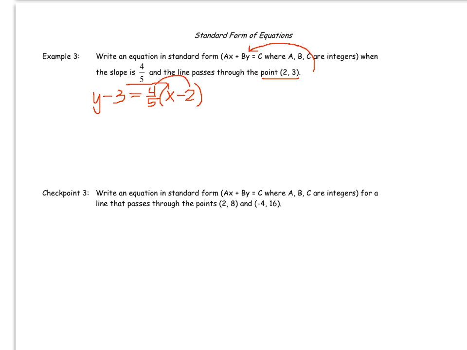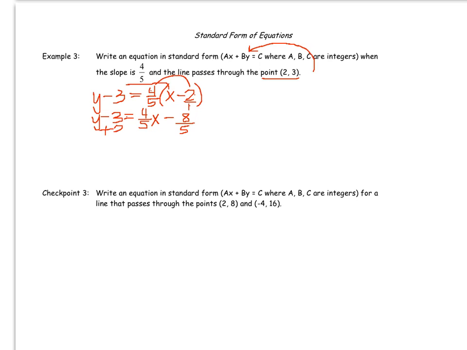Now if I distribute this, I get that y minus 3 equals 4/5 x minus, and in order to multiply this, I'm going to put this over 1, because I do 4 times 2, which is 8, over 5 times 1, which is 5, so minus 8/5.